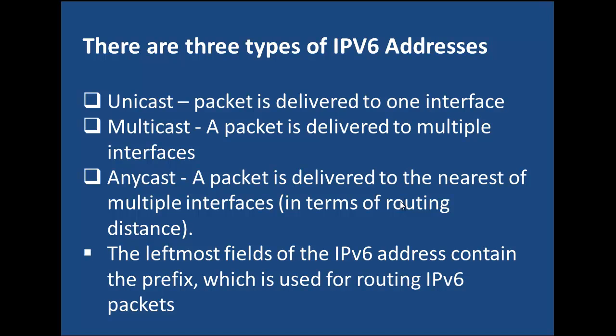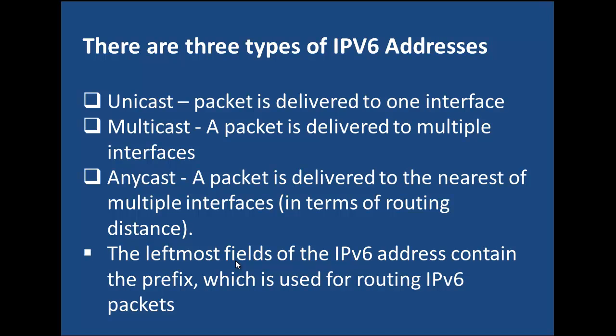In our session, we want to concentrate on the unicast and the multicast types of addresses. We want to bear in mind that for the unicast addresses and the multicast addresses, the leftmost fields of the IP address contain what we call the prefix, and that prefix is used for routing IPv6 packets.